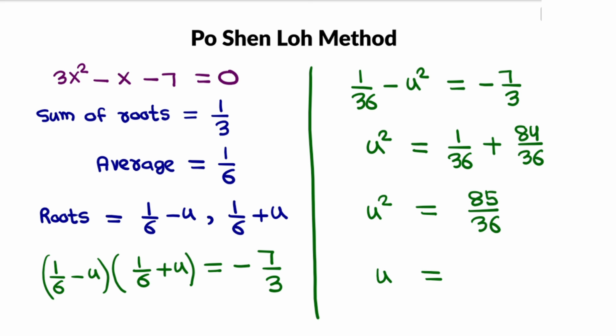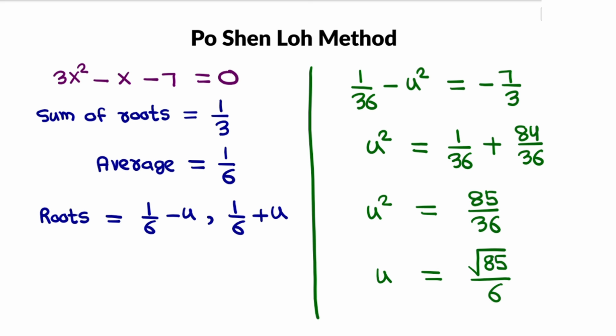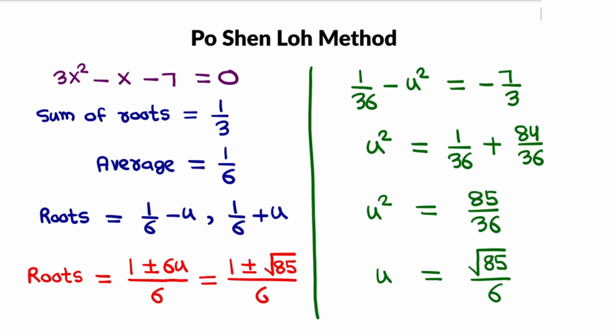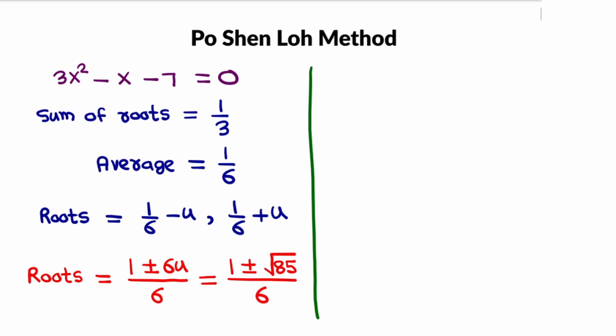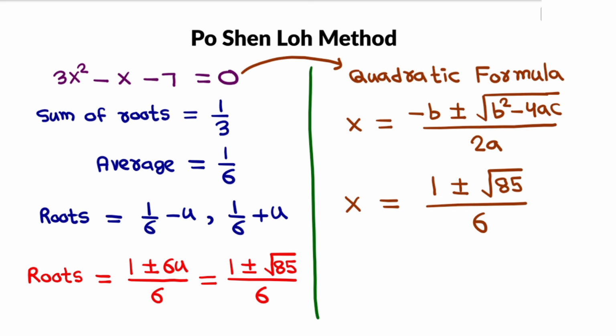That means u equals root 85 over 6. Now, plug it back in. And the roots become 1 plus or minus root 85, all over 6. Now, compare that to the quadratic formula.